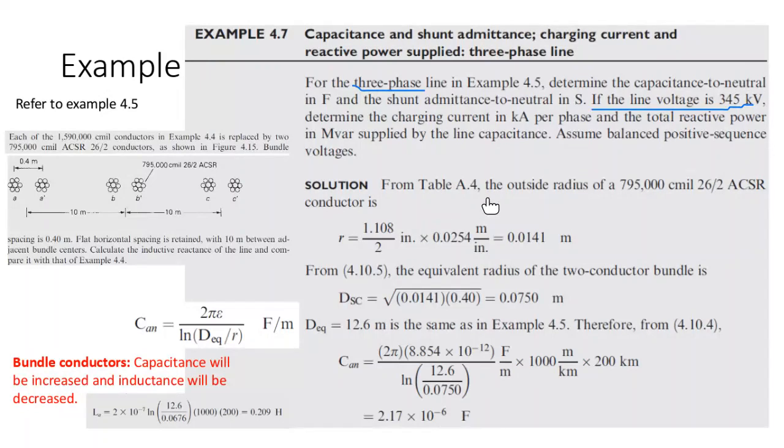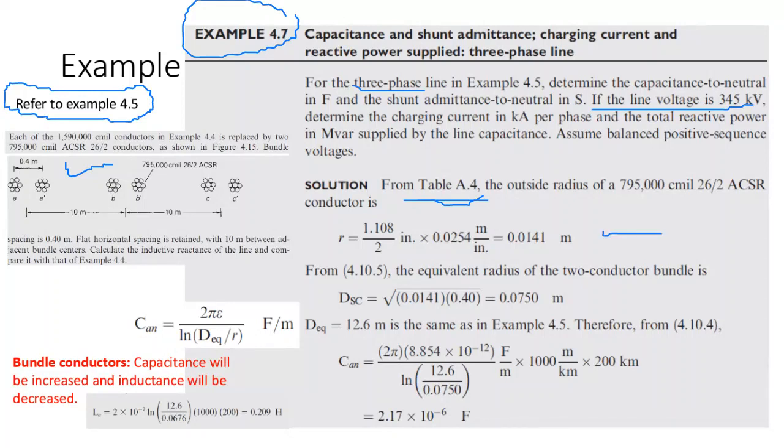All right, so you go to table A4. Now, why do we go to table A4 again? Because it's written ACSR. Okay, three-phase example. This is ACSR. You see this example here is referring to example 4.5, which is in your textbook. Therefore, it gives you in 4.5 all the details of the conductor. Therefore, you go to table A4 and simply do the same thing.